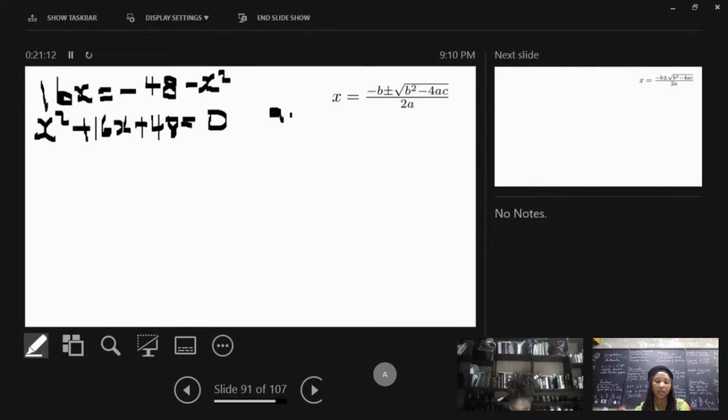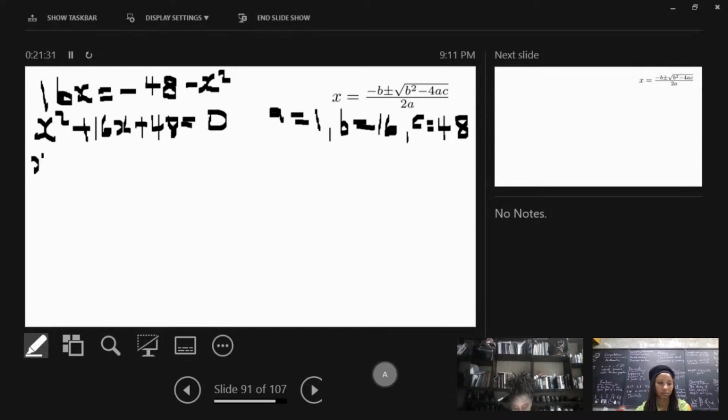All right, so A is 1, B is 16, and C is 48.